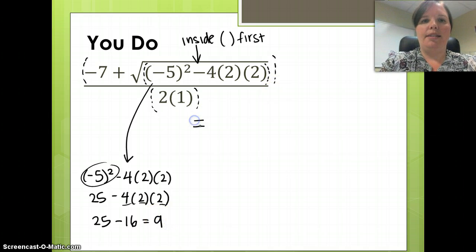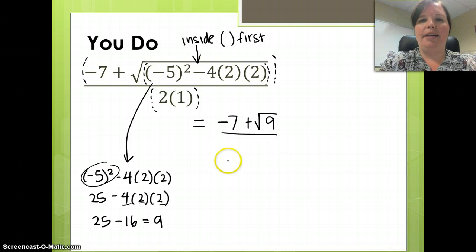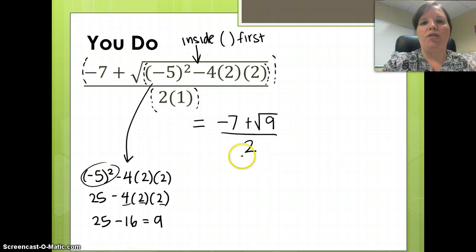So I'm going to rewrite this now a little bit simpler. Negative 7 plus the square root of 9, divided by, and I'm going to go ahead and just take care of my denominator since it's just an easy one-step operation, that's divided by 2. So we took care of our inside parentheses. Now we need to finish simplifying our numerator. If we look at the numerator, we've still got these invisible parentheses around it.